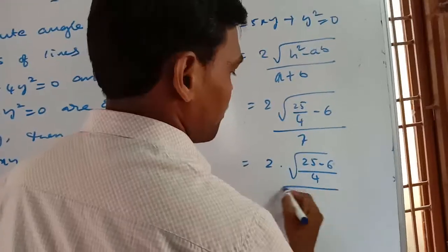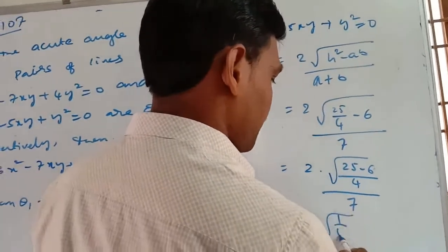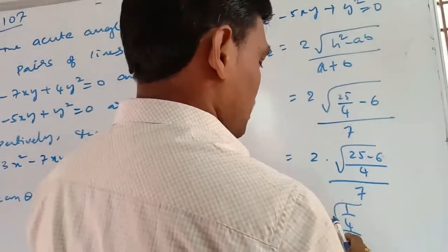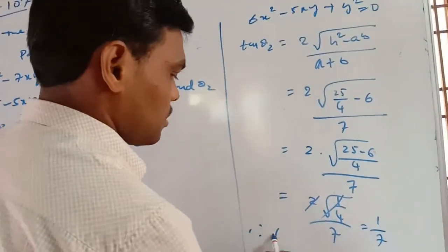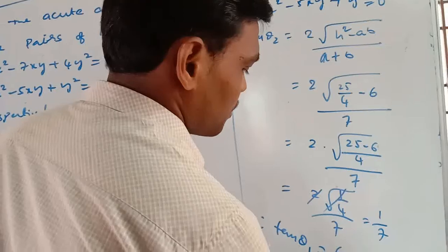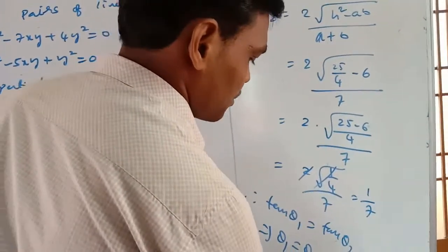Here it is 2 into root 1 by 4, by 7. This cancels, so it is 1 by 7. Therefore tan theta 1 is equal to tan theta 2, which implies theta 1 is equal to theta 2.